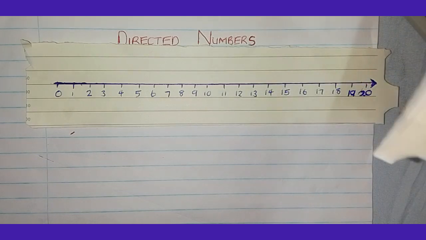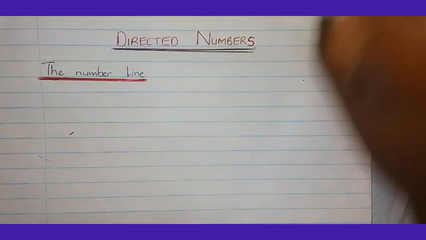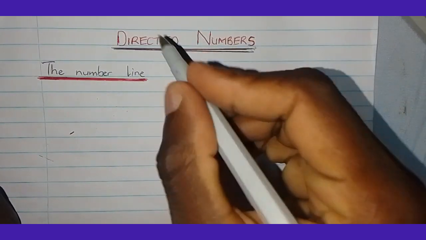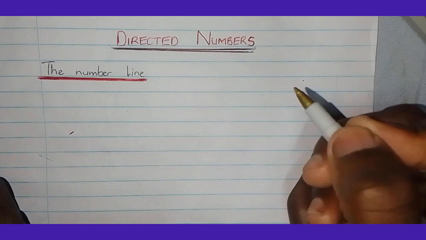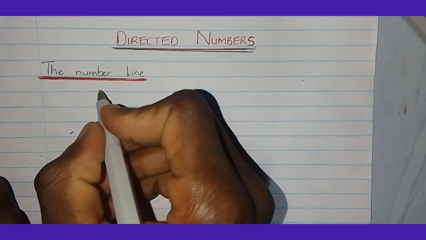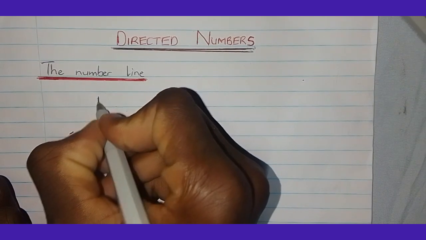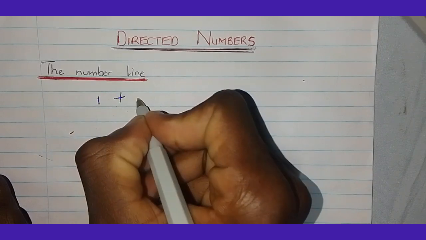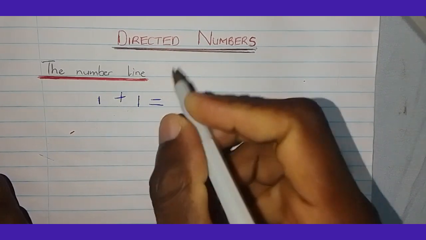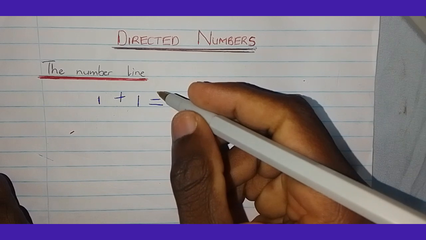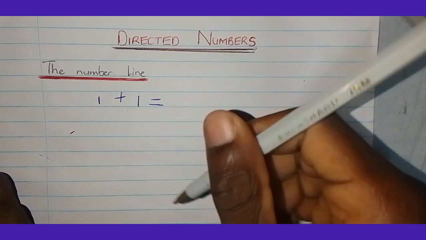Yes. So the first example that we are going to work together using our number line is a very simple problem that is very common, especially in primary schools. 1 plus 1. I'm sure we all know the answer, and we can all agree that the answer is 2.